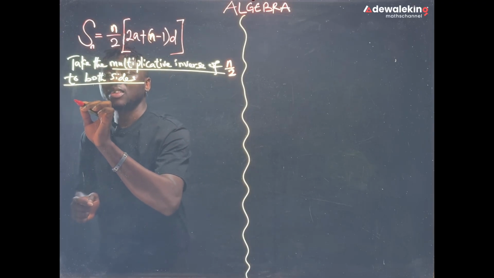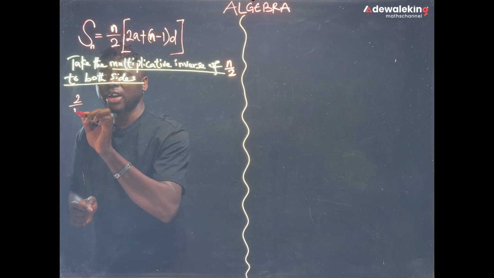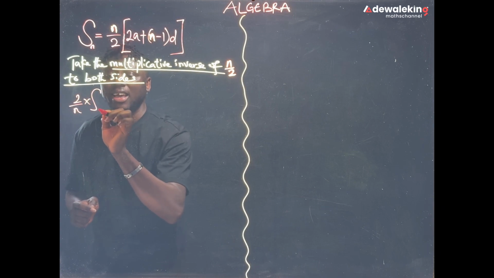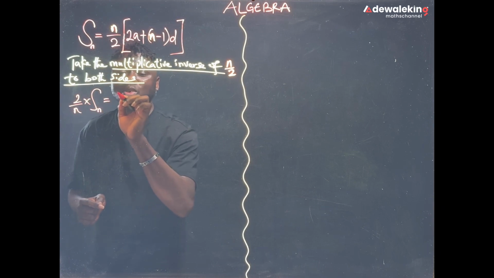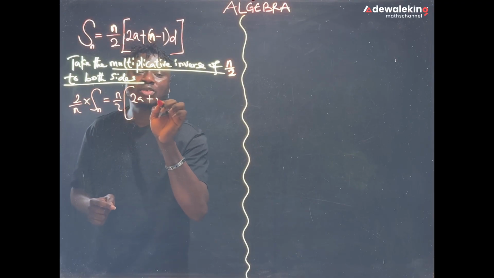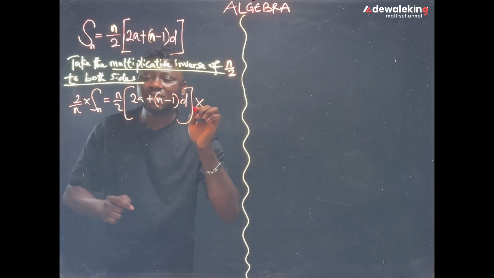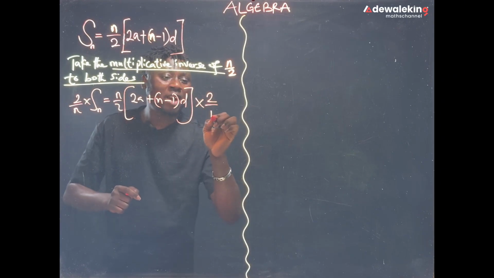So we'll say the inverse of n over 2 is 2 over n, multiplied by S subscript n, is equal to n over 2 bracket 2a plus n minus 1 bracket d times 2 over n.